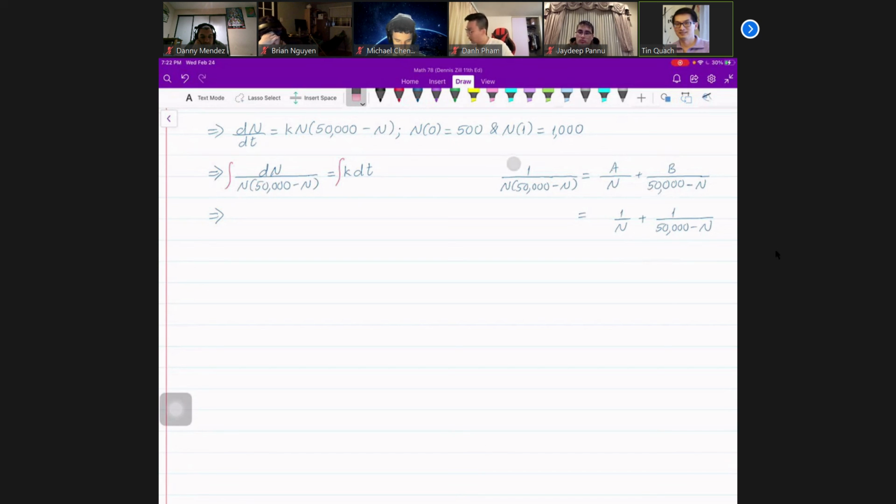The original numerator is only 1, but if you combine these two, you get 50,000 in the numerator. So you have to multiply by 1 over 50,000 to make up.